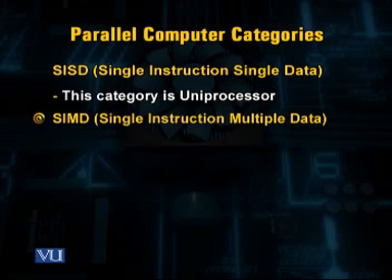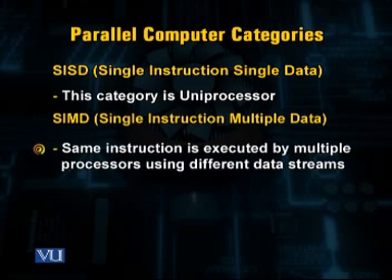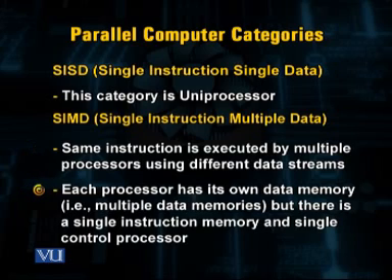It is abbreviated as SIMD. Here, the same instruction is executed by multiple processors using different data streams, and each processor has its own data memory. That is, multiple memories exist in the architecture.